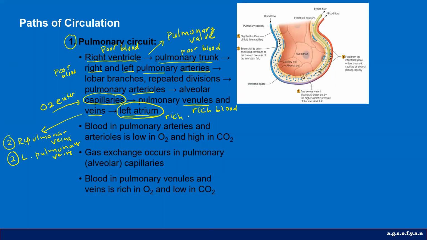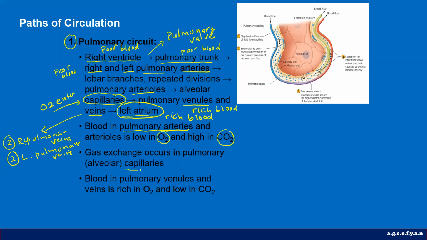This left atrium will have rich blood, which is blood that has a lot of oxygen, and the color will be red. So the blood vessel color will be red in these pulmonary veins. Again, the pulmonary arteries will have low oxygen level and high carbon dioxide level.